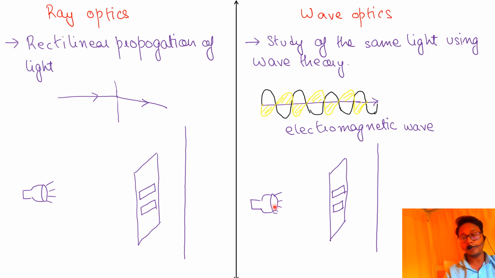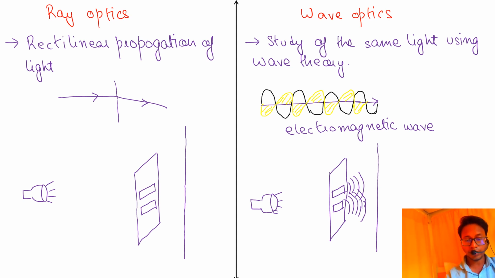And there is another theory that says the light will pass out here and propagate in this manner. Out here it will form a wave, and out here it will also form a wave, and these will interact with each other. When these two waves interact, at the mid position a bright spot will form, followed by dark, then again bright.